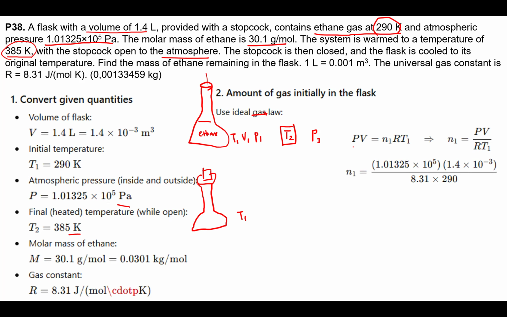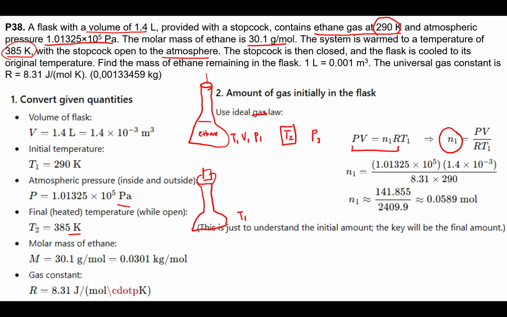The ideal gas law says PV equals nRT, so that n is the number of moles.